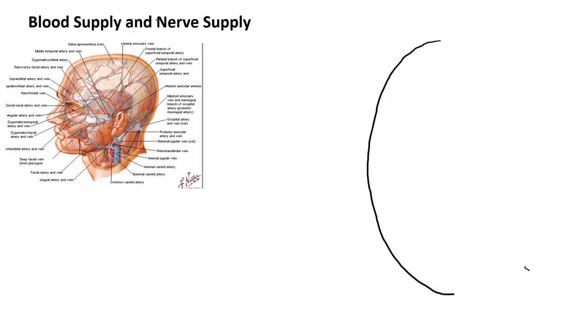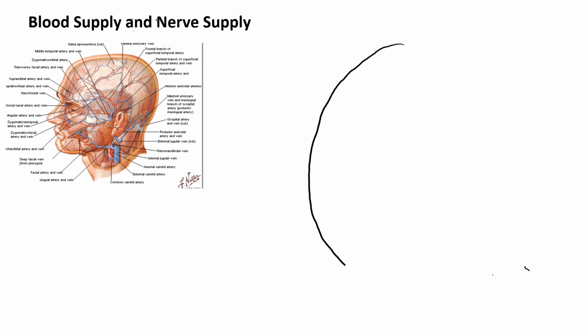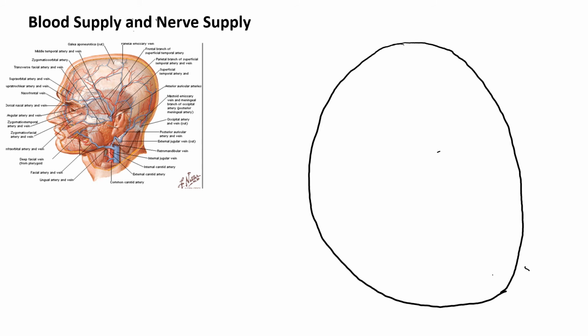Let me just change its position to be more on the center. Okay, so this is the frontal area, the parietal, and at the back, terminally, is the occipital area. Okay, the skull has got a bit distorted, but let's try it again.